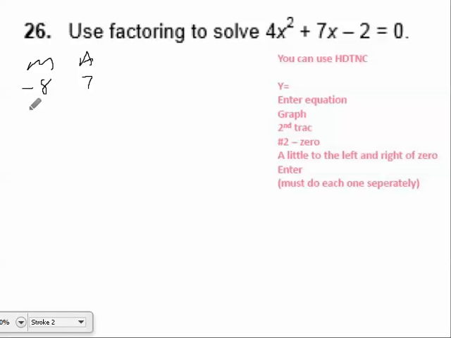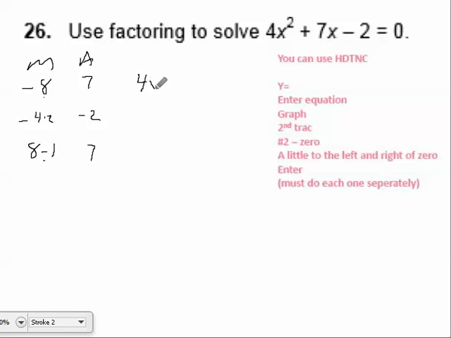So they're multiplying to give me negative 8 and adding to give me a 7. Okay, well, negative 4 times 2 is negative. That gives me a negative 2. Not very good. Okay, let's see here. 8 times negative 1. That gives me a positive 7. That's how I'm going to regroup it.